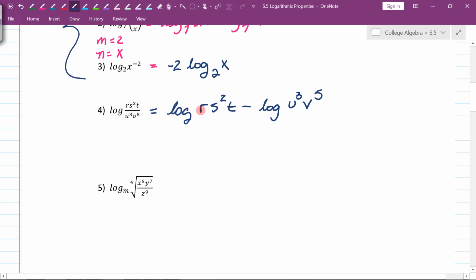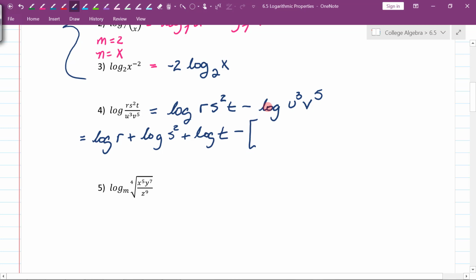Step number 2 is we're going to break apart these factors in here through addition. So this is going to be equal to addition, addition, addition, okay? So it's log base 10 of R plus log base 10 of S squared plus log base 10 of T. Subtract.